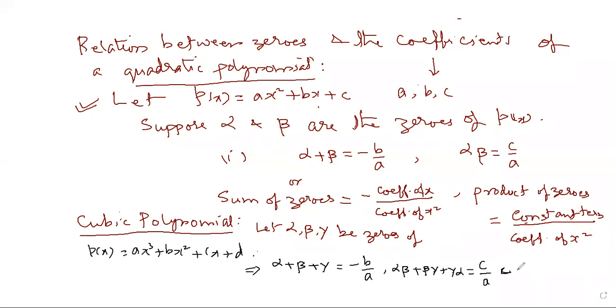The third one is the product of the zeros, alpha beta gamma, which will be equal to minus d upon a. So these are the three relations for a cubic polynomial. Okay, got it.